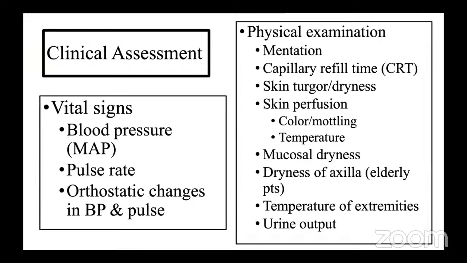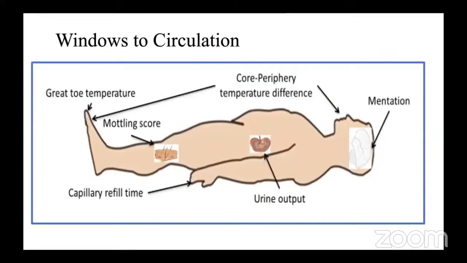Apart from this, physical examination including mentation of the patient, capillary fill time, skin texture dryness, skin perfusion, mucosal dryness of the axilla, particularly in elderly patients, temperature of the extremities, and the temperature gradation from core to periphery, and urine output are the commonly suggested tests for clinical assessment of volume status of the patient.